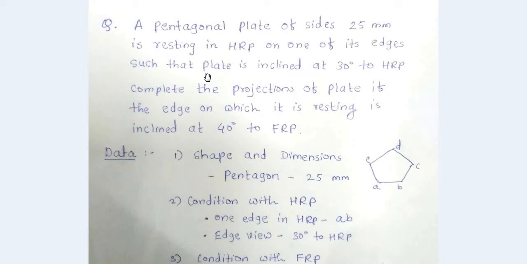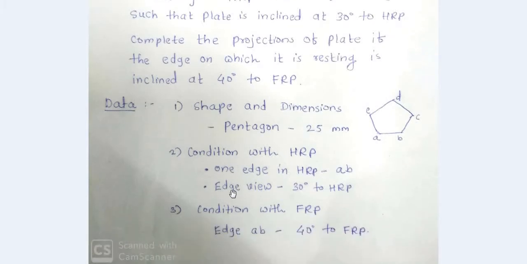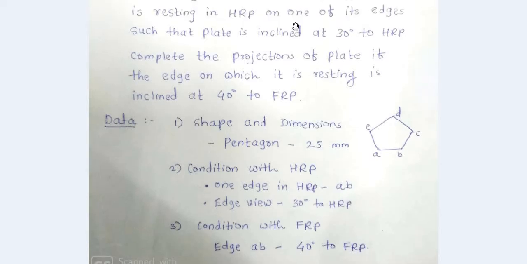And in this problem it is given that edge view is inclined at 30 degrees to HRP. So this is second reference to HRP in the problem. So the second condition with respect to HRP is edge view is inclined at 30 degrees to HRP. Apart from these two references, there is no other reference with respect to HRP in the given problem. So our second data type is complete.